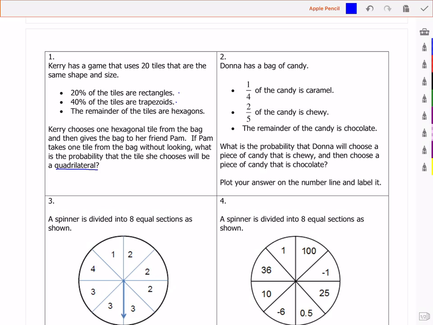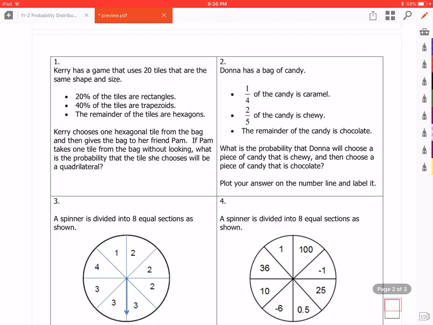Since they gave us those probabilities, I know that there's a 60% chance, because I just add the 20 and the 40 together, out of 20, that we have a quadrilateral when she chooses it.